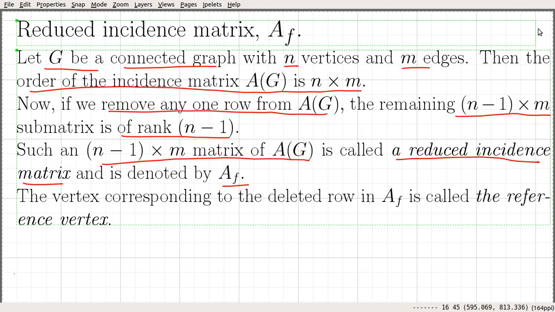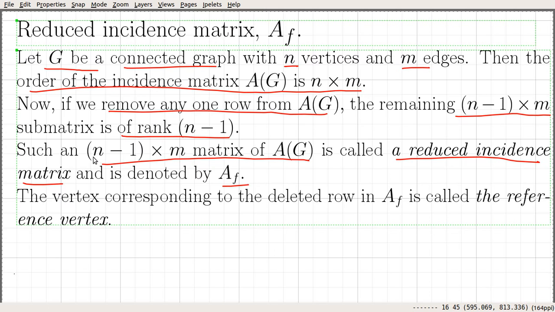So that says something like this: if you take any incident matrix of a connected graph with n vertices and m edges, and if you remove any row from that incident matrix, then we will get a submatrix of order n minus 1 by m, and the rank of that will be n minus 1.